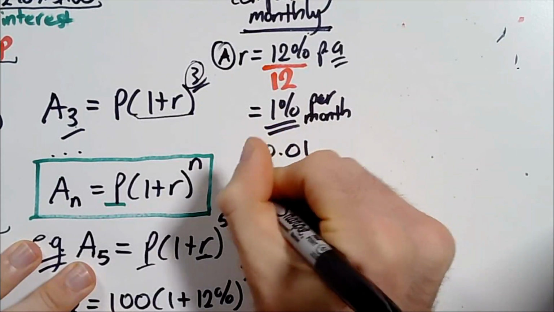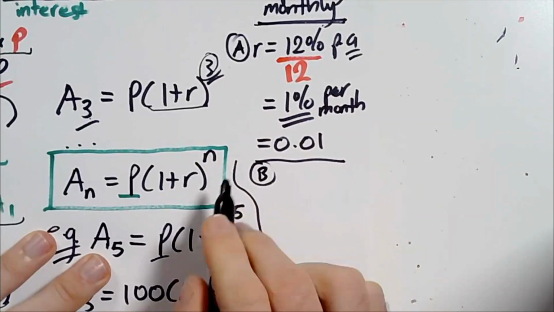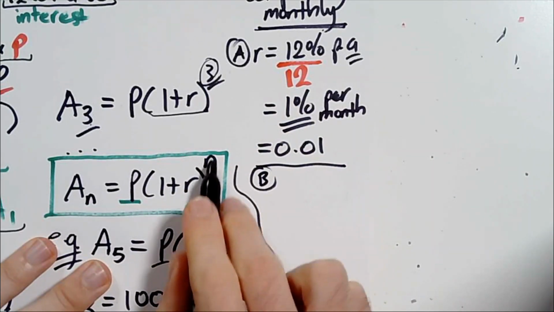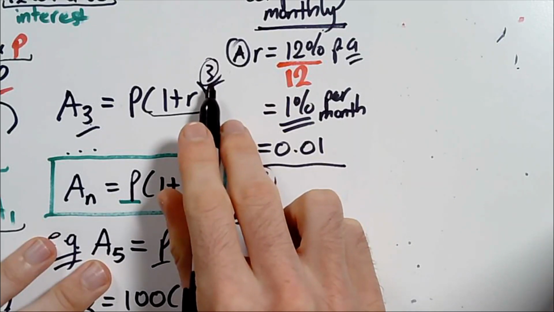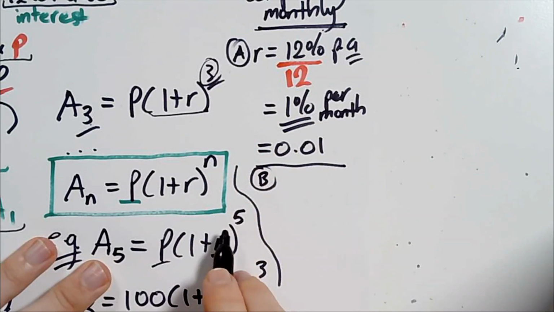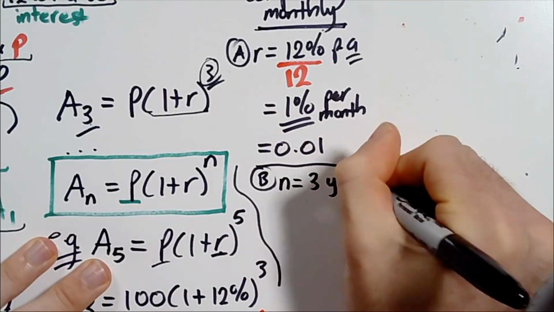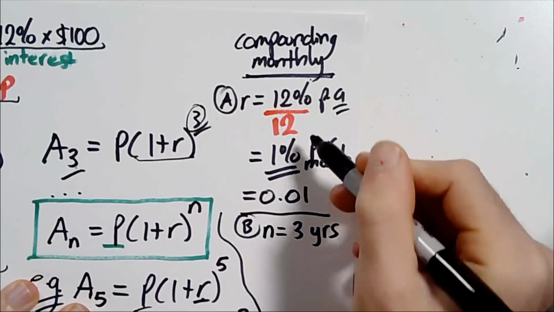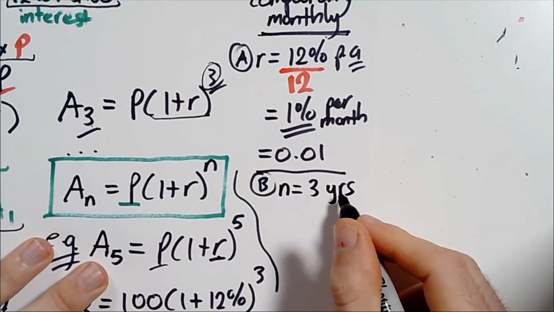There's two things you have to change. The second thing you have to change is the N. Remember this number up here where we were putting 3? Well, if we had an investment for 3 years, but the interest was compounding monthly, then even though it looks like N equals 3 years, remember there's a disconnect because it's compounding monthly, not yearly. I don't care about years, I care about months.